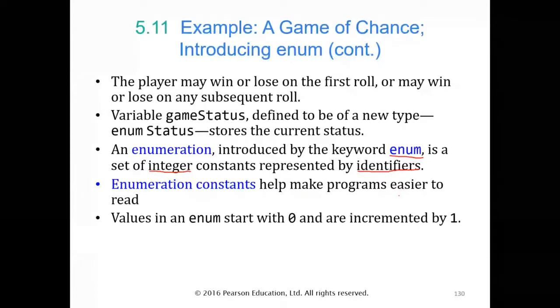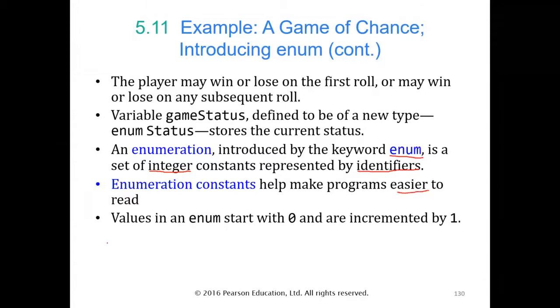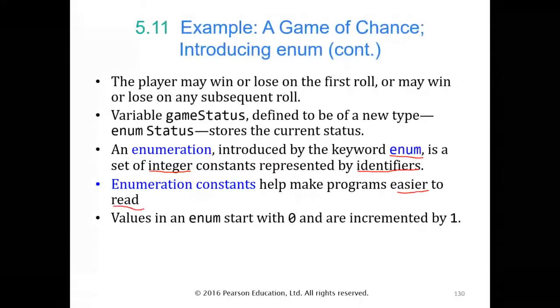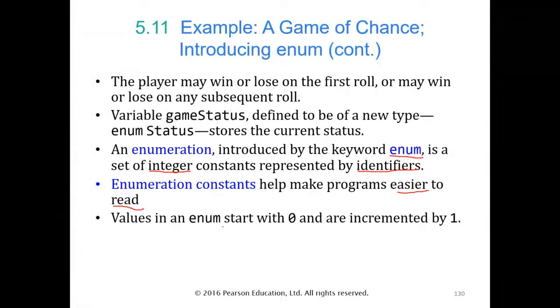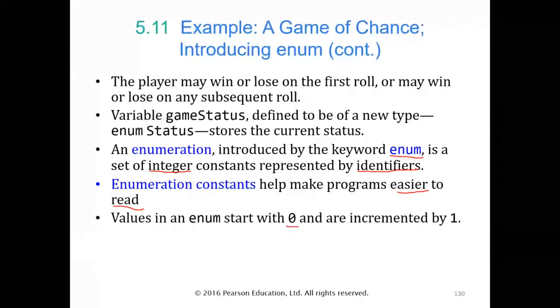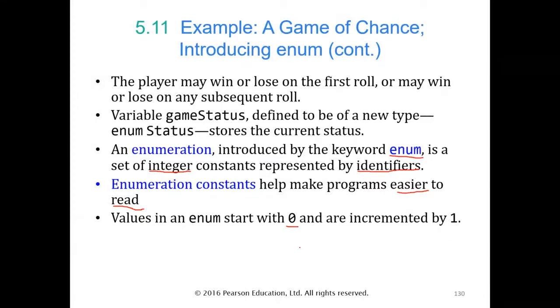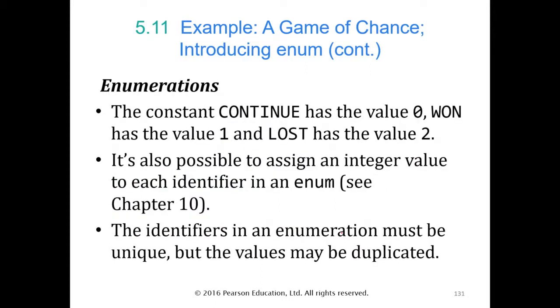And the main purpose of this is that it makes your program easier to read and understand. And if you don't assign them different values yourself, the default values start with integer 0 and then increment by 1. So 0, 1, 2, 3. So the identifiers that you put in will be assigned these values. This we've already talked about.